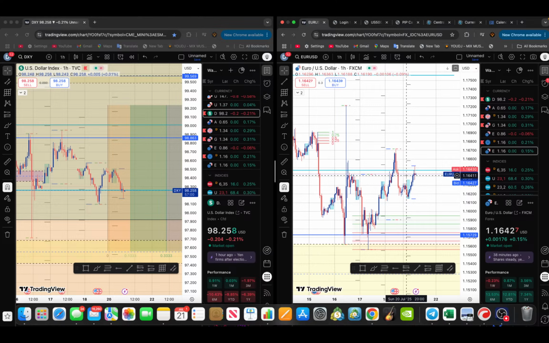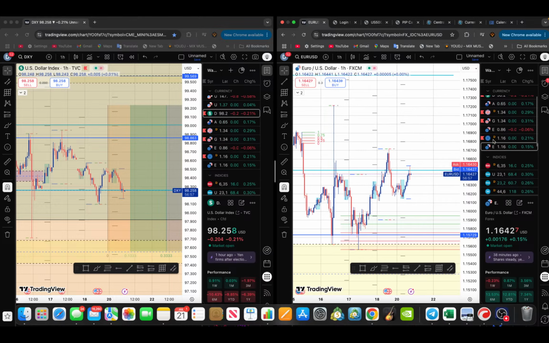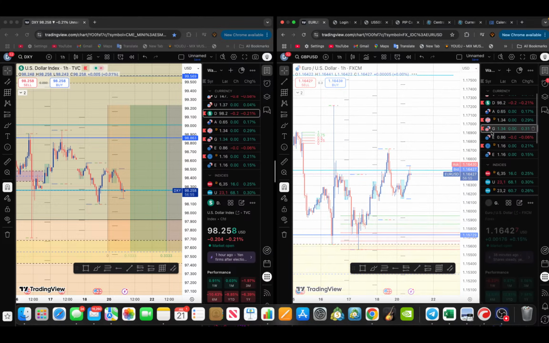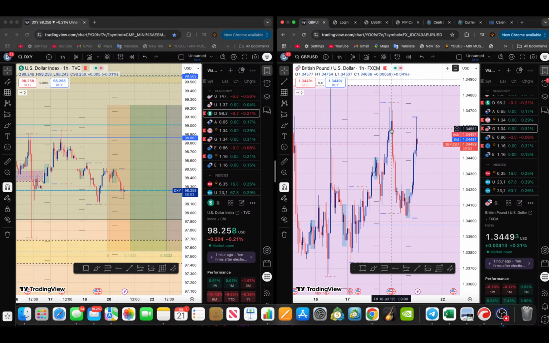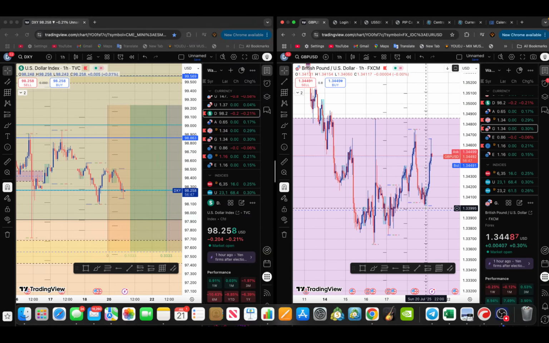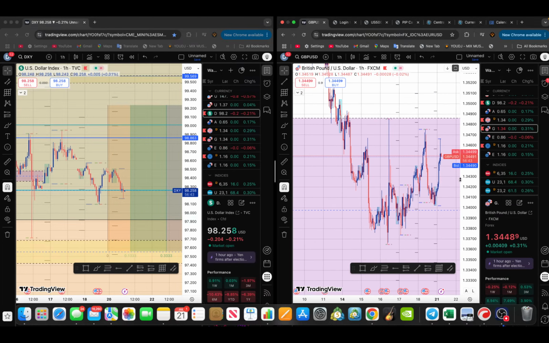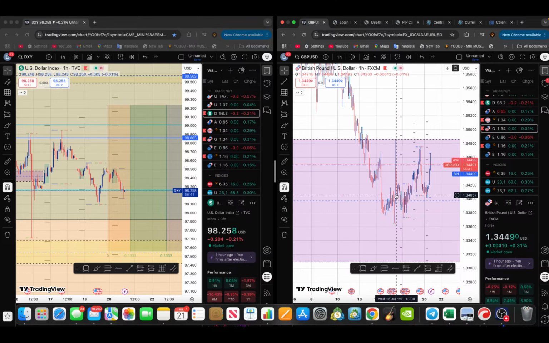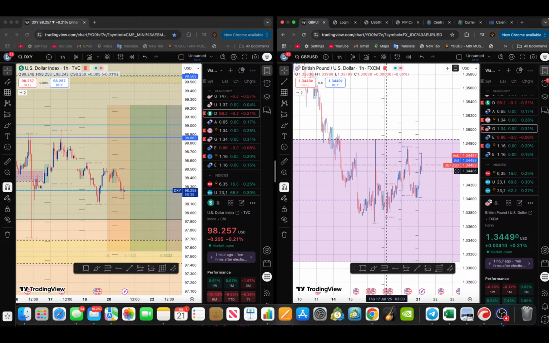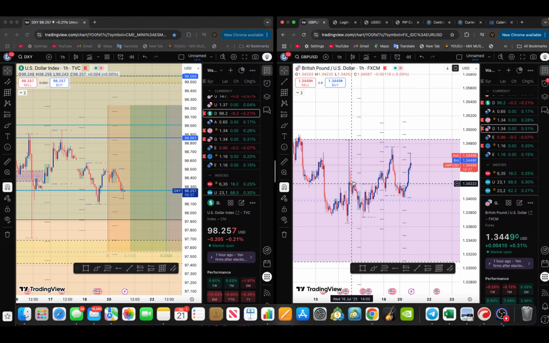Let's look at pound dollar. It has gone into this survey gap, respected this. This just looks a bit more techy. You can see that pound is just stuck more in that range.